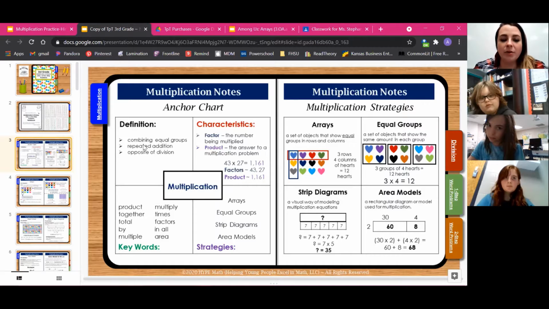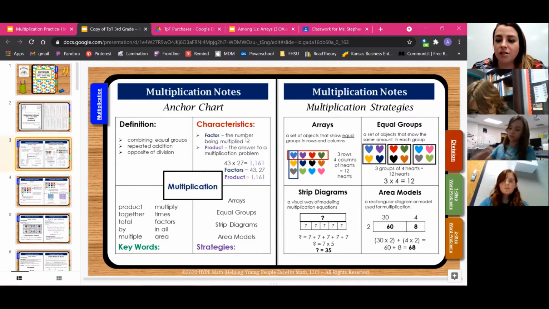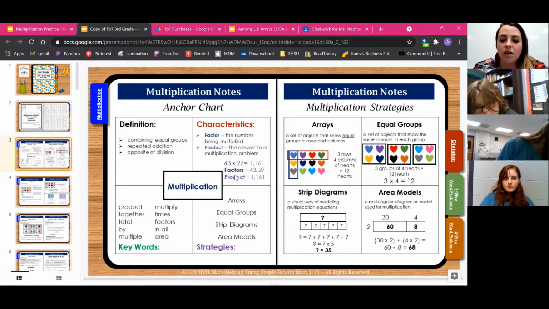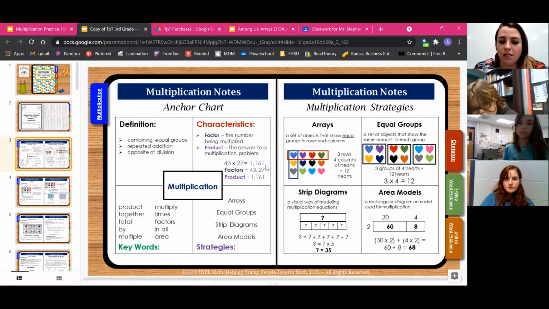Definition of multiplication: combining equal groups, repeated addition, opposite of division. Characteristics include factor, which is the number being multiplied, and product, which is the answer to a multiplication problem. So 43 times 27 equals 1,161. The factors in this equation are 43 and 27.